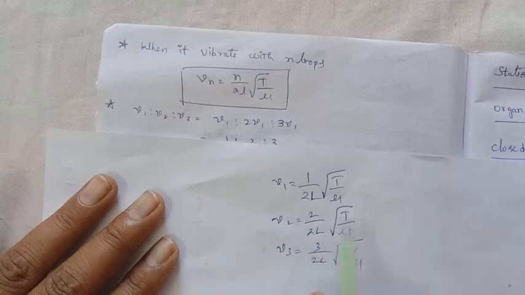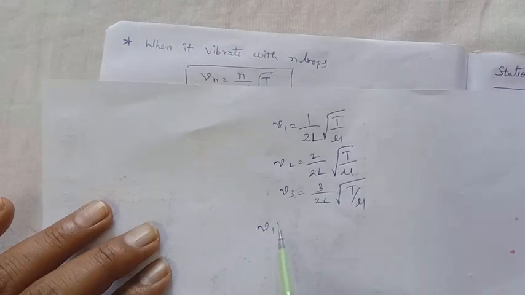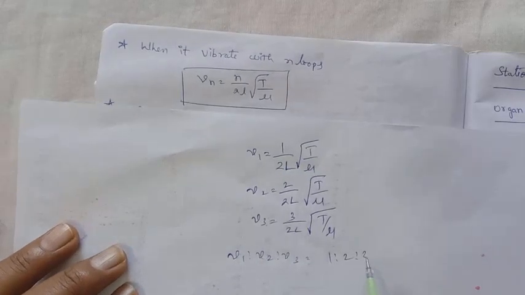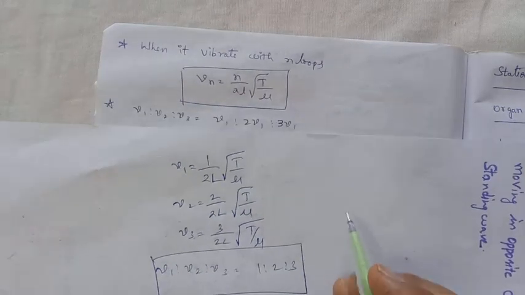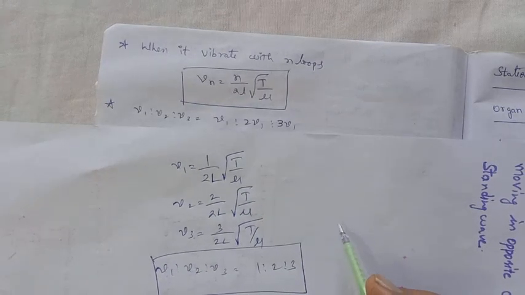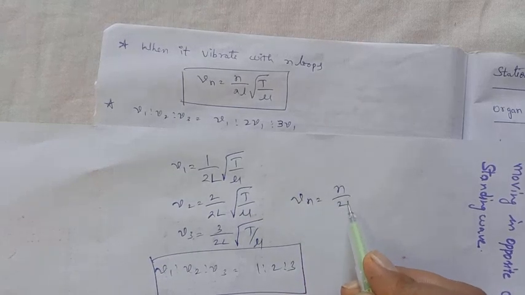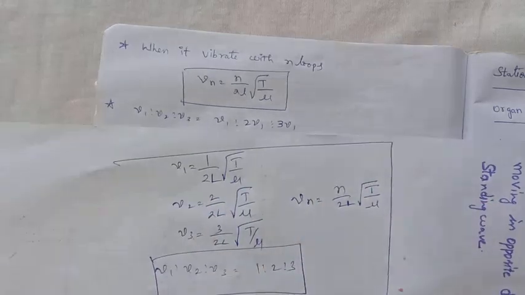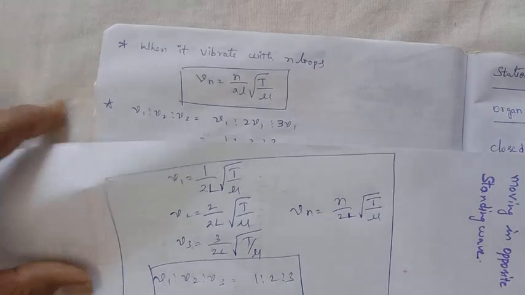So nu 1 : nu 2 : nu 3 is equal to 1 : 2 : 3. The common expression, when the string is vibrating with n loops, is nu n equal to n by 2L under root of T by mu. In case of a stretched string, this is the formula.